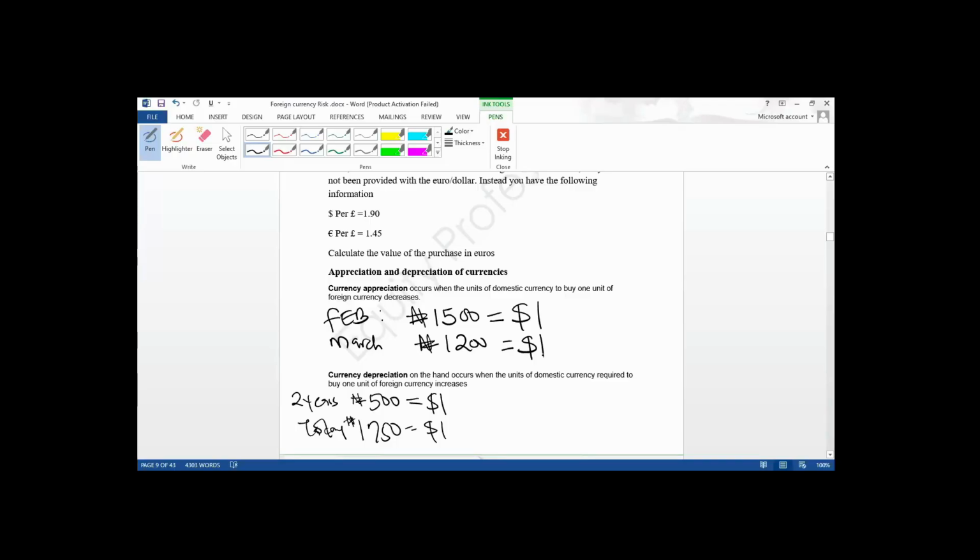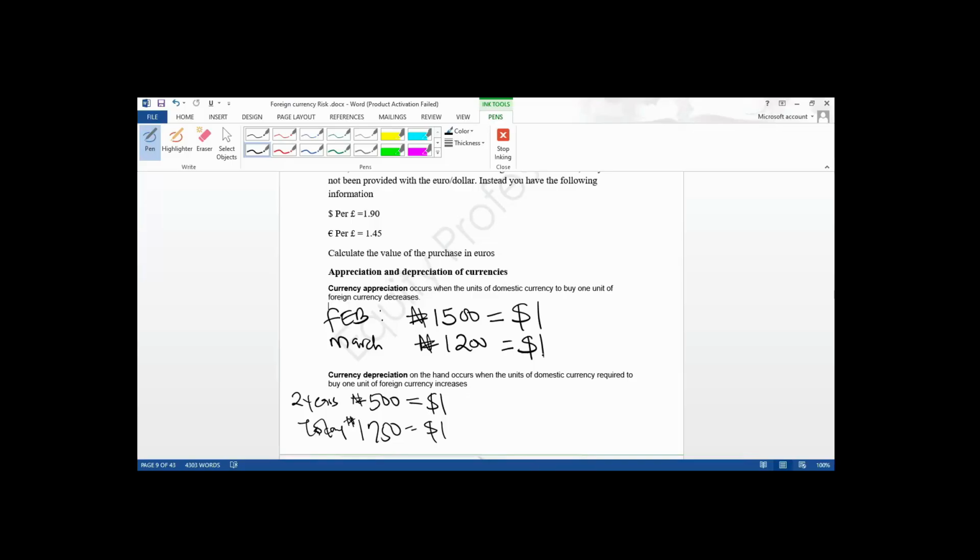In February, you require 1,500 Naira to buy $1. In March, you require 1,200 to buy the same $1. In this case, Naira has appreciated relative to dollar. That is currency appreciation.